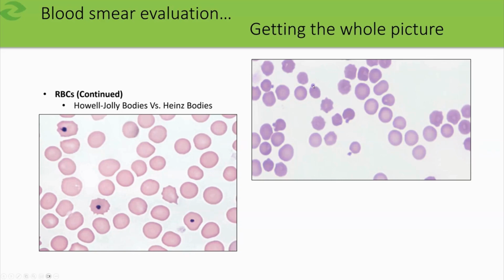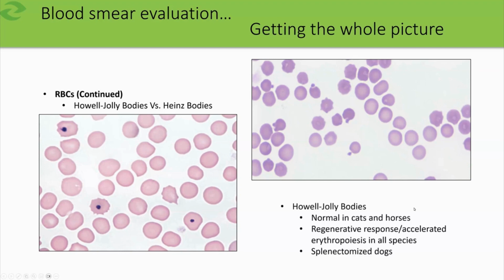Notice that again the Heinz bodies stain about the same color as the erythrocyte itself, and so that's one way to differentiate it. Because cats and horses have non-sinusoidal spleens, Howell-Jolly bodies typically persist in circulation for much longer than what we would see in dogs.